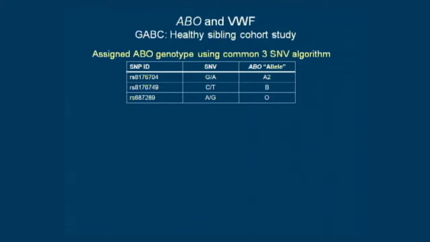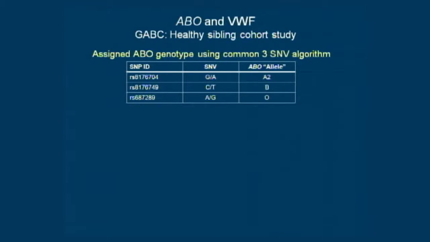Let me move on. So we wanted to look at ABO subtypes in a healthy sibling cohort study, and this was my hint that ABO was really interesting and I needed to talk to Megan. We were using a 3-SNP algorithm to assign ABO, and this is actually more SNPs than are usually used to assign ABO.